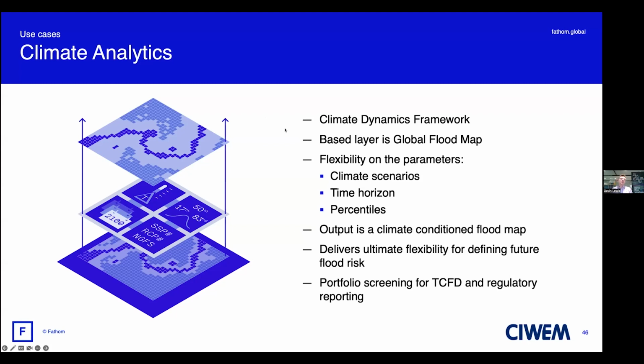And the output is a climate conditioned flood map that's really going to inform a lot of decisions. And these maps are already being used for things like portfolio investment or asset acquisition purposes, as well as TCFD and other regulatory disclosures by our partners and customers to provide a greater insight on current and particularly future flood risk.